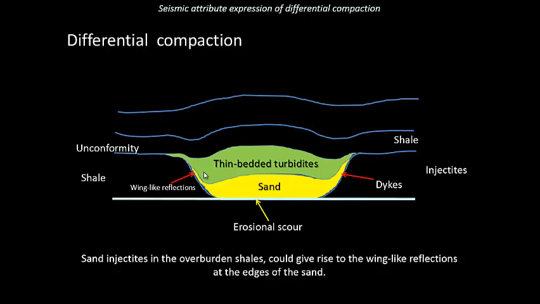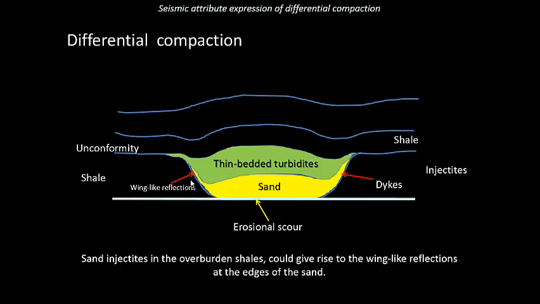So such reservoirs are seen cross-cutting depositional stratigraphy and have a variable thickness, as the injectites form what we call dikes or sills or other geometrical shapes showing up similar to the igneous intrusions. Now, the wing-like reflections from the edge of the sand are usually seen on the seismic data and are interpreted as low-angle sand dikes.